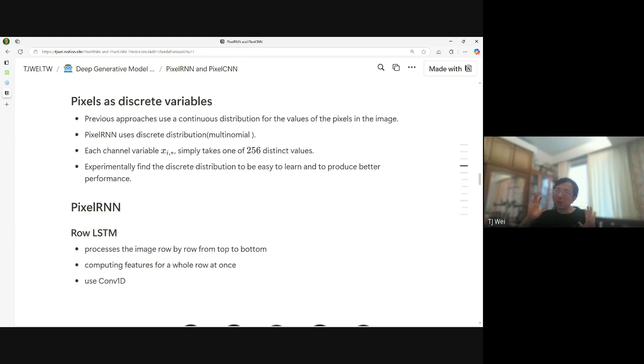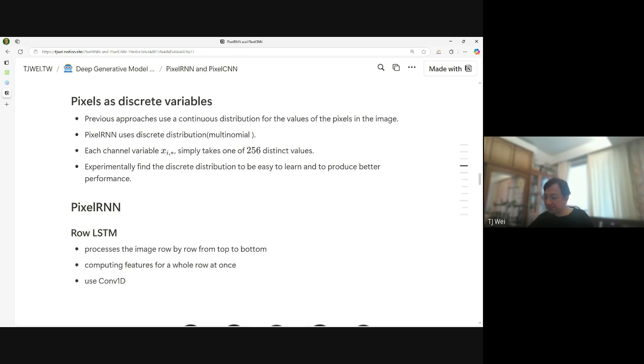Okay, so there's always a consideration about how to train the model, because there is always some potential difficulty when training a model, even though everything is seemingly better, like the continuous distribution.